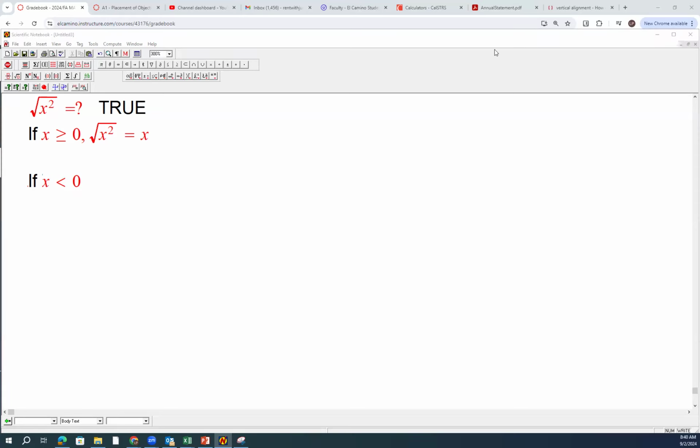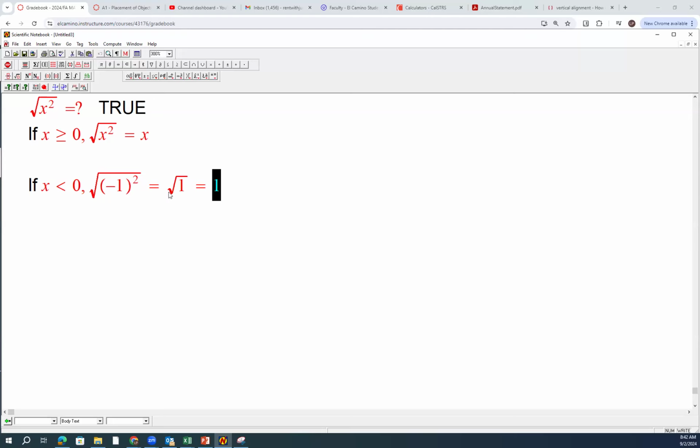Well, x is less than 0, right? What we are going to see is that the square root of a negative number, say if x is -1, right? And in this case, the square root of what do we see? The operation is going to be like this. And it's 1.